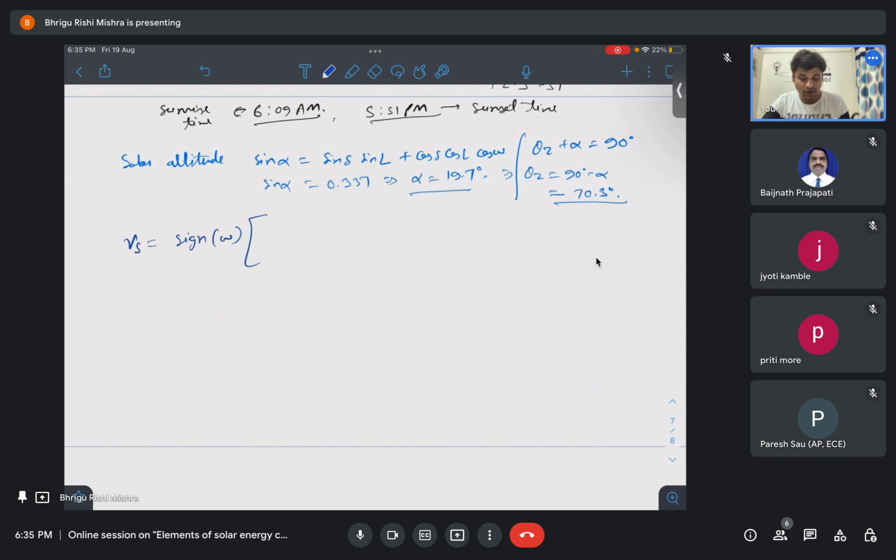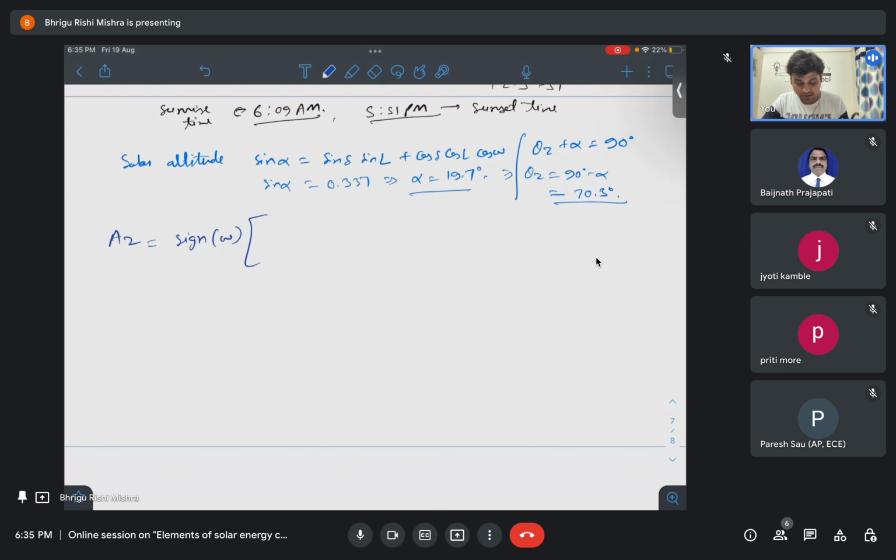However, there is a difference between gamma s and omega because they are calculated with respect to different points.